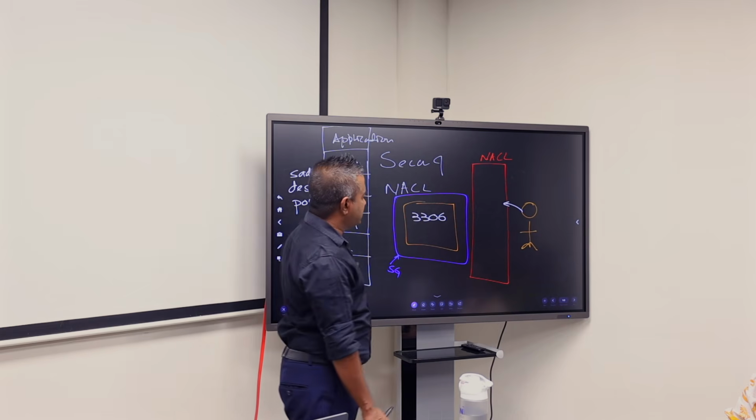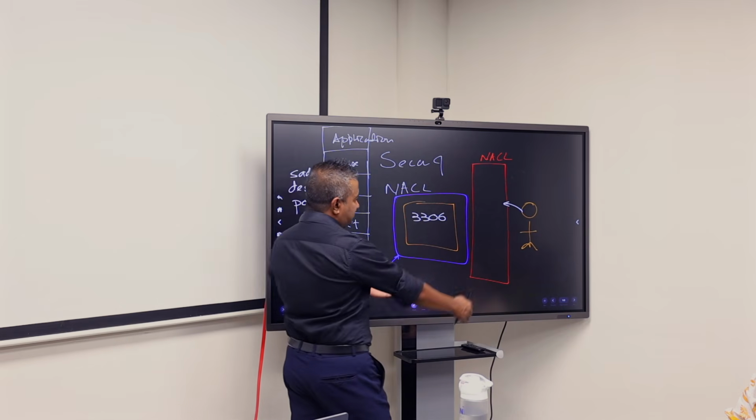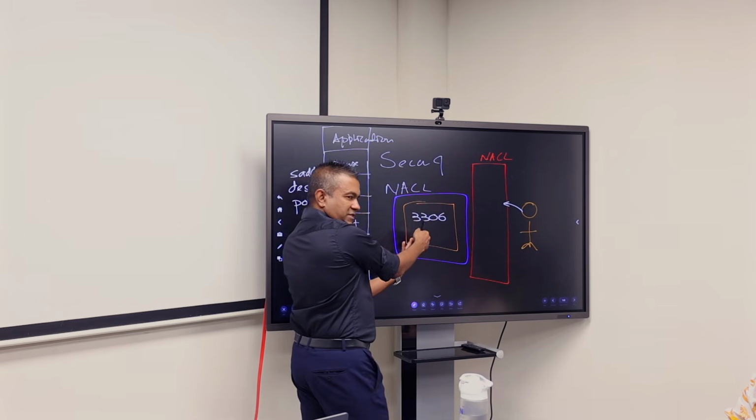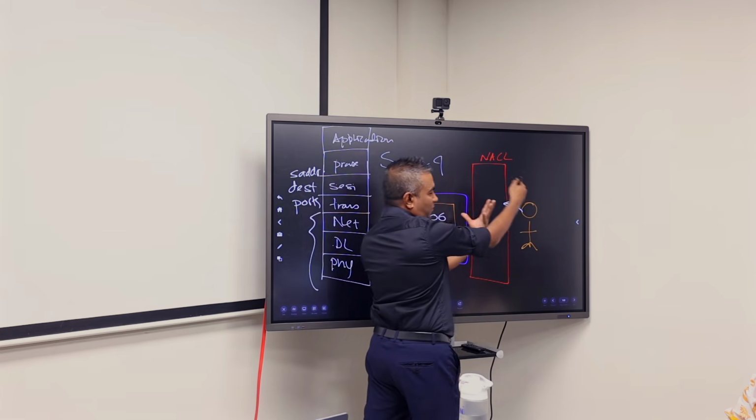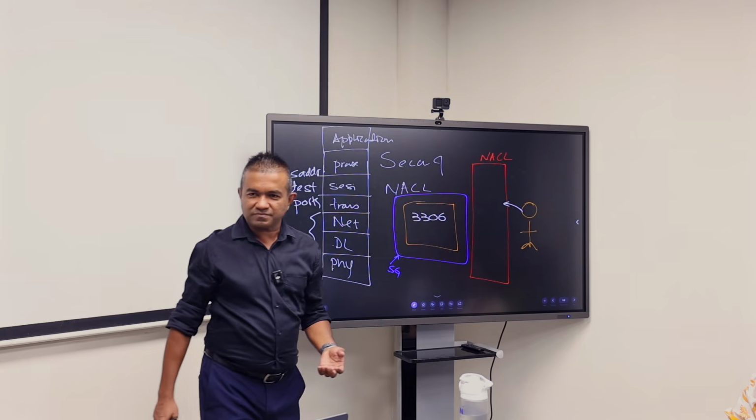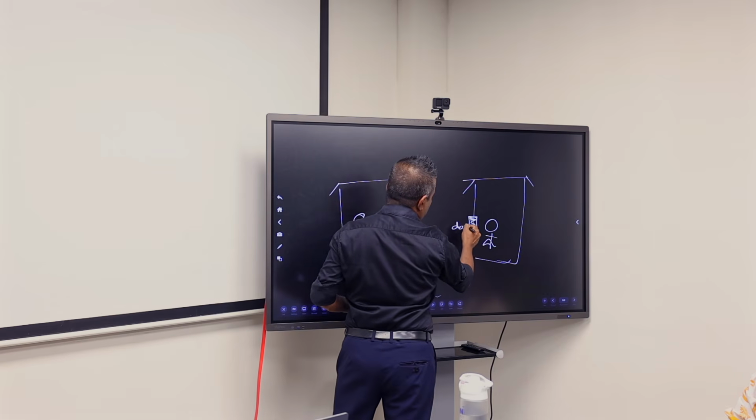Going back to the same example, this guy talking to the database on 3306 doesn't mean he is coming from 3306. For example, this one may be a window and this one may be a door.